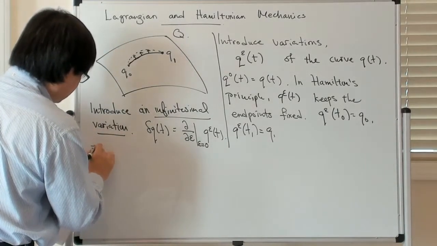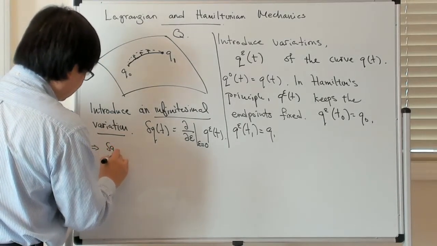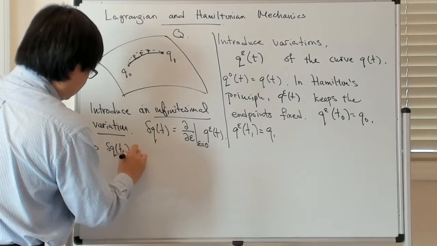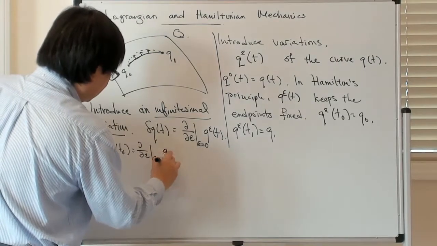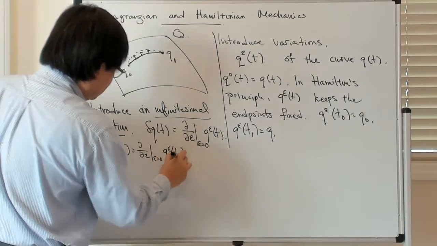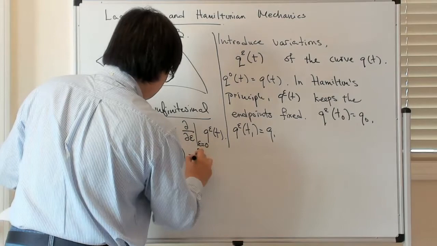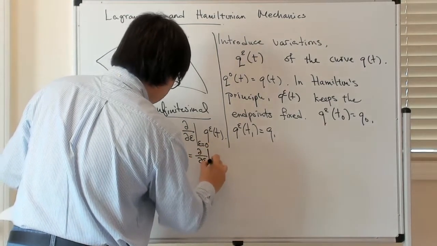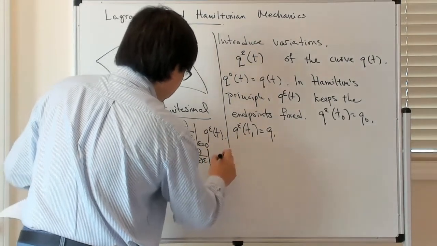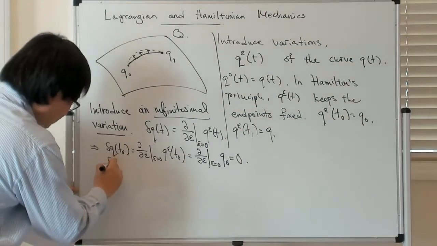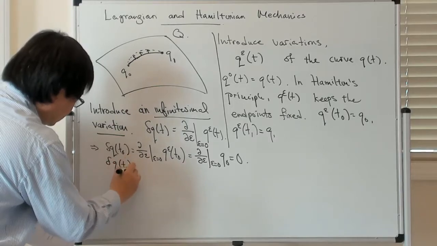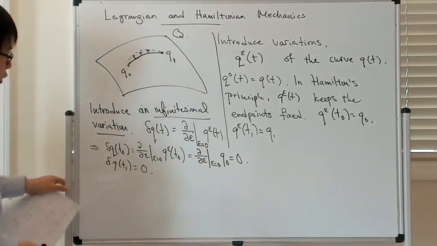In particular, delta q at t0 is the partial derivative of q epsilon at t0, which is the partial derivative of a constant, q0, so that vanishes.